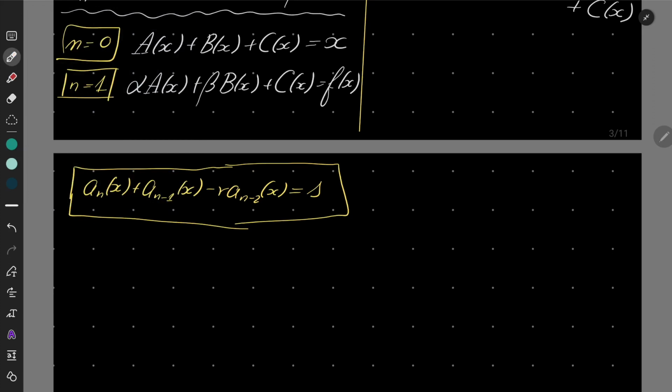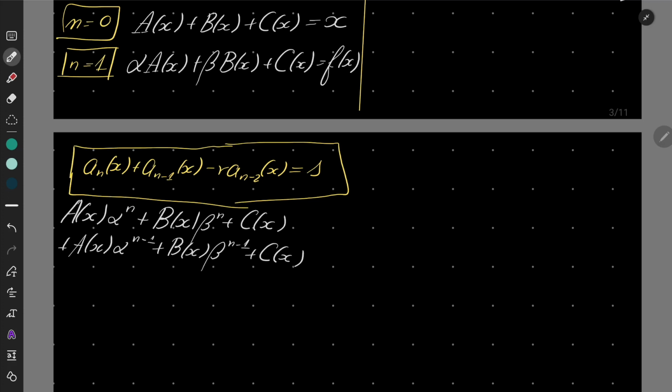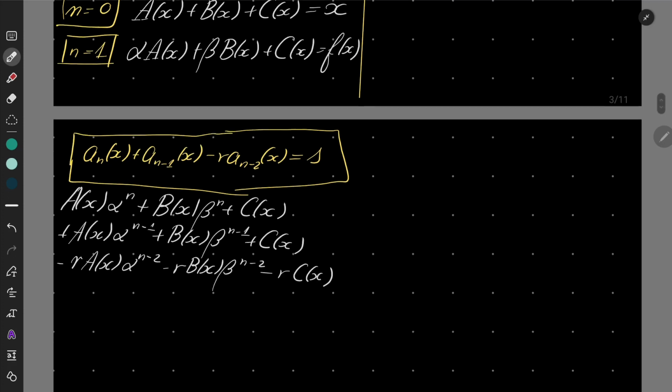If I plug in the numbers, I will have a(x) times alpha to the power of n plus b(x) times beta to the power of n plus c(x), plus a(x) alpha to the power n minus 1 plus b(x) beta to the power n minus 1 plus c(x), and finally minus r times a(x) alpha to the power n minus 2 minus r times b(x) beta to the power n minus 2 minus r times c(x), and that should be equal to s.